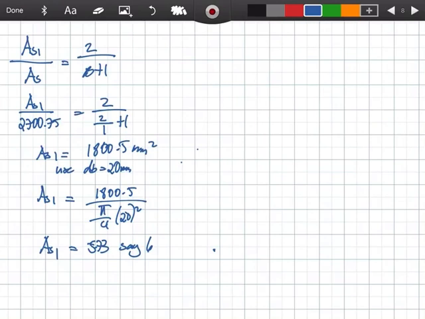Tapos, yung AS2 naman, so since mula dun sa figure natin kanina, 2AS2 plus 1AS1, yung AS1 yung nasa bandwidth, center bandwidth, equals AS.